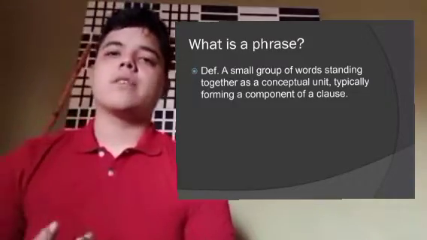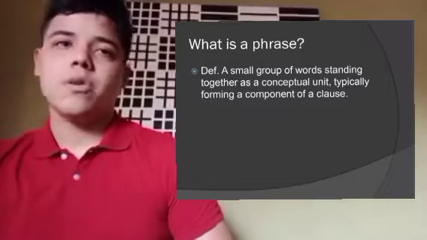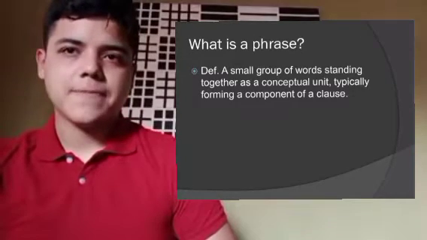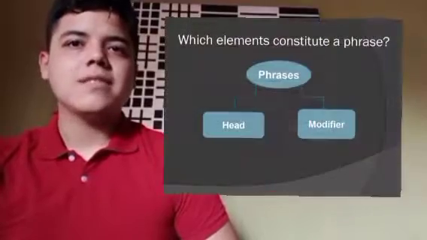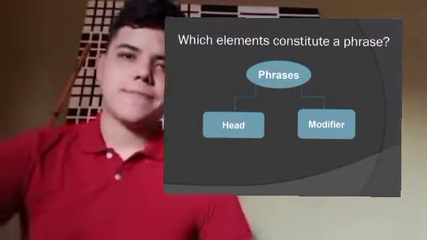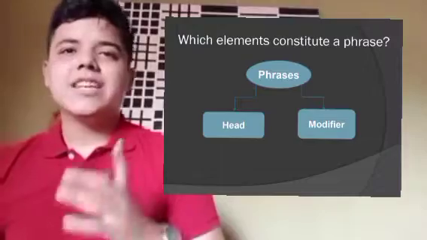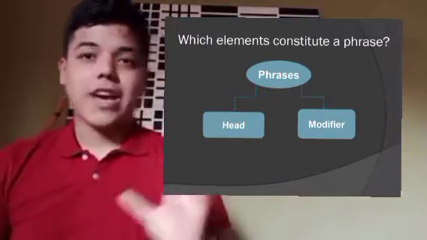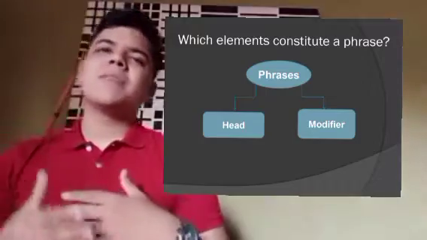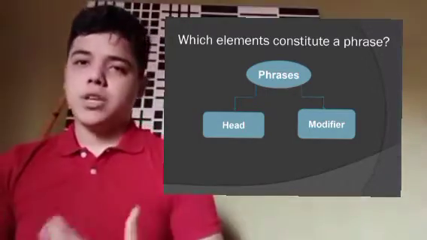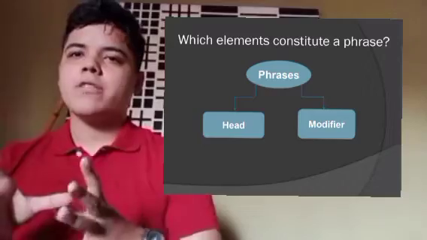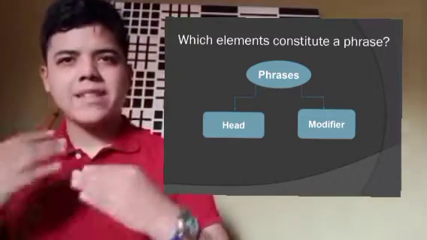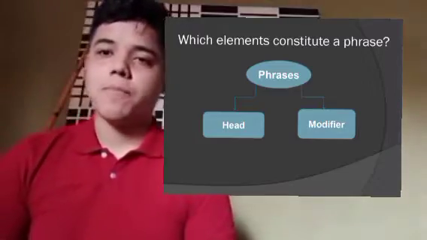Now that we know this, we can go with the other point and the other slideshow, which is which elements constitute a phrase. So, essentially, a phrase is made up of a head or head word which determines the grammatical nature of the unit. It is the main word in the phrase and assumed to be a mandatory element in the phrase also.